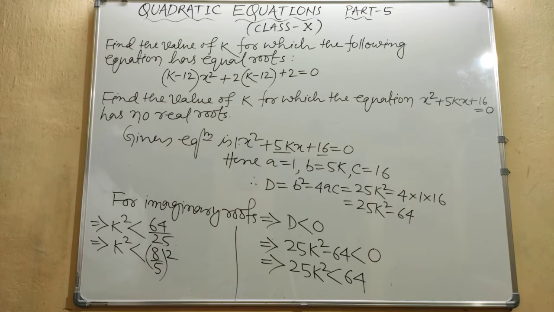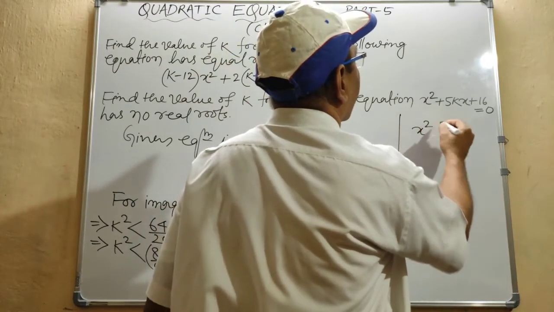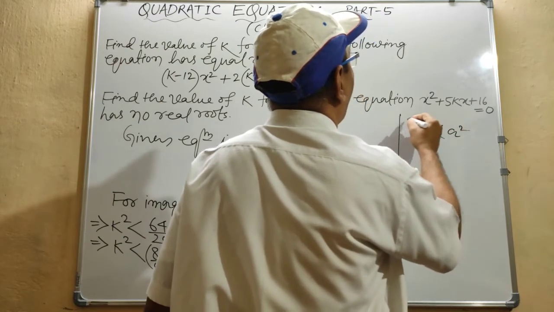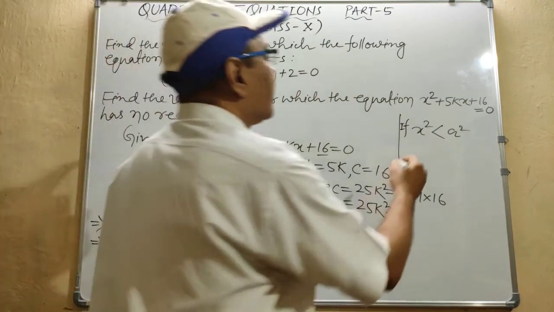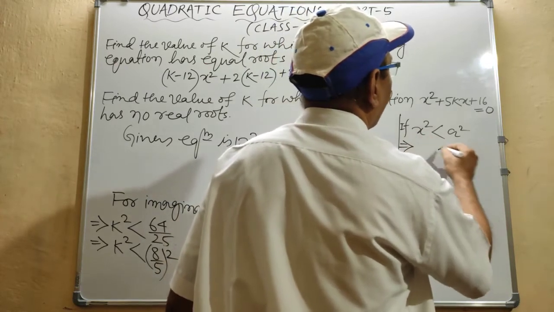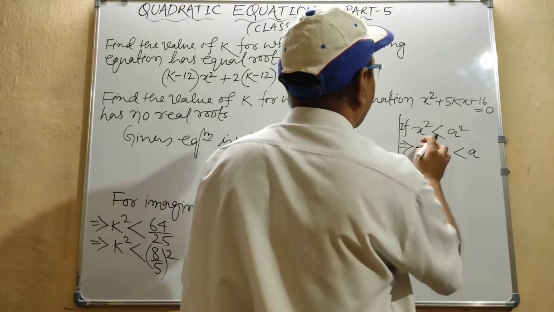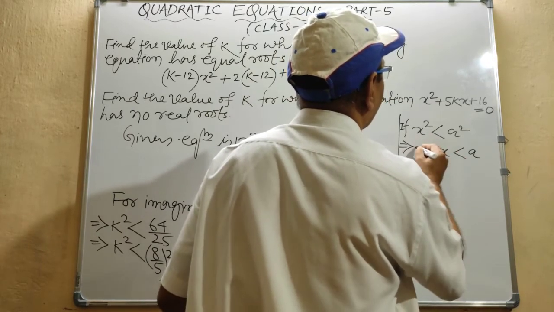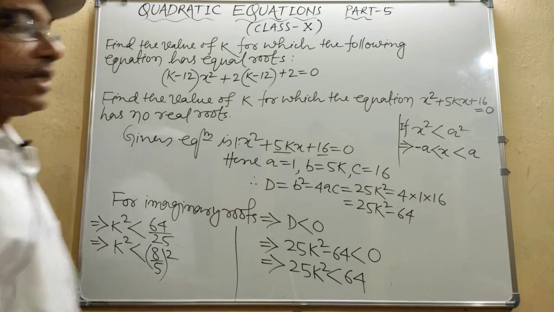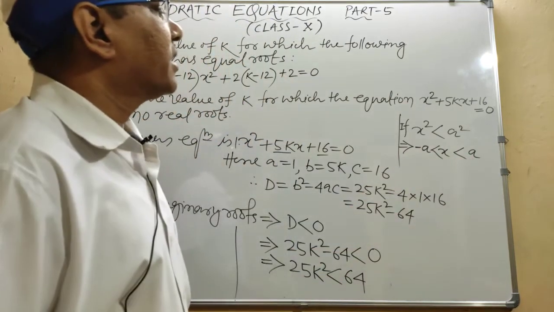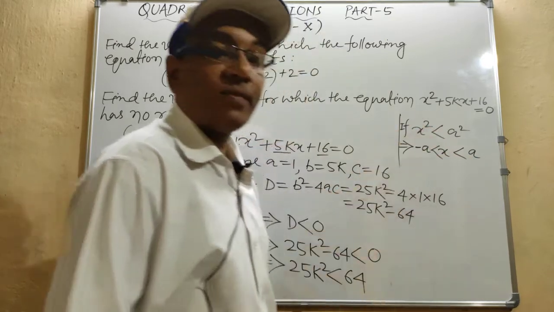Okay. Now you have to know one result. See here, if x square is less than a square, then x must lie between minus a and plus a. x should be less than a and greater than minus a.